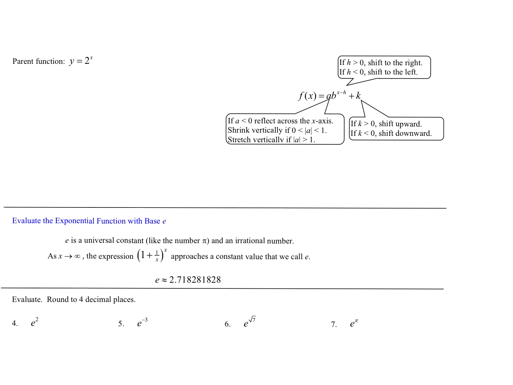So for f of x is equal to a times b raised to the x minus h plus k, notice that in the exponent is that horizontal shift left or right. And then, of course, the plus k is going to move it up or down. And then the a reflects it. And then we can have a vertical shrink or stretch depending on what that a factor is, right? Okay.